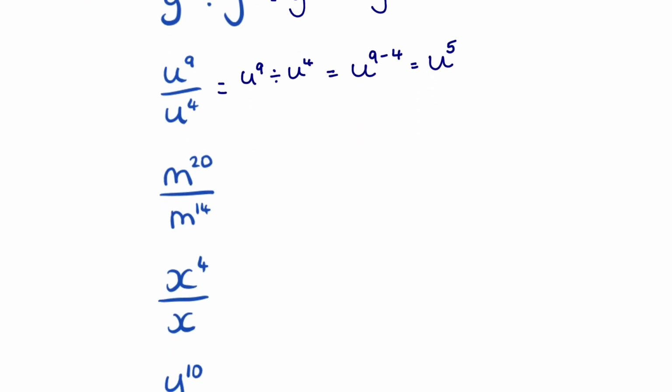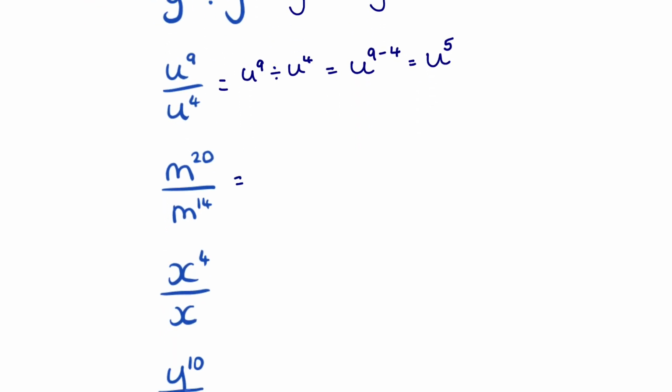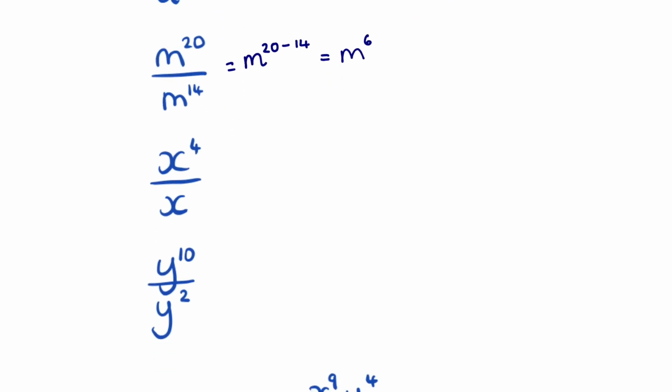The next one, m to the power 20 divided by m to the power 14. Again, remember, subtract the powers. So it's m to the power 6. Now let's have a look at this next one. x to the power 4 divided by x. Now, x doesn't have a power on it here, does it? But what power could we put with a plain x?